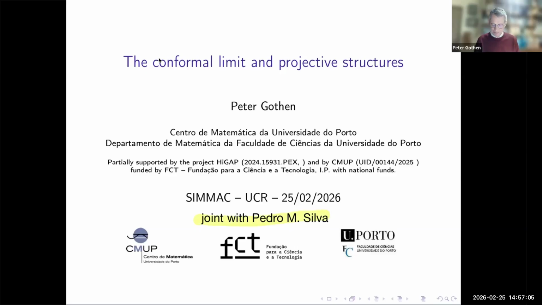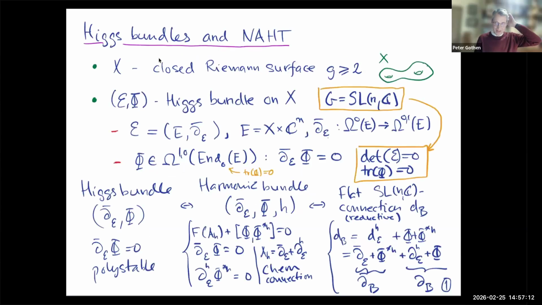So it's about Higgs bundles and this conformal limit construction or idea of Gaiotto, which in some sense is related to the C-star action on the moduli space of Higgs bundles.